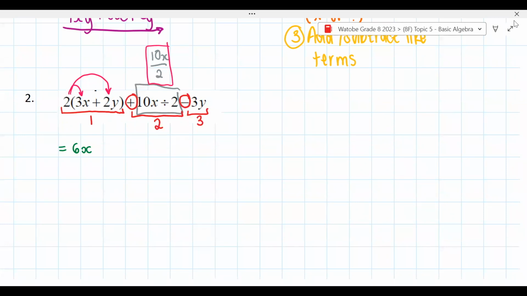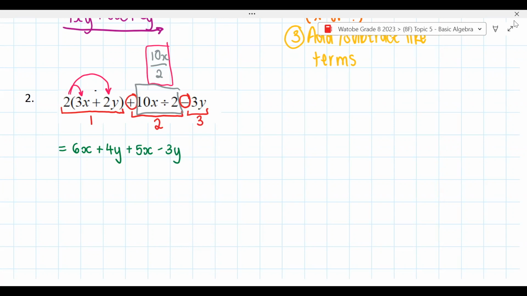And then I said 2 times 2, and I got 4y. Yes, remember it's 2 times 2y, but you have 4y. Yes, ma'am. Then I said 10x divided by 2, and then I got 5x. And then I put minus 3y.